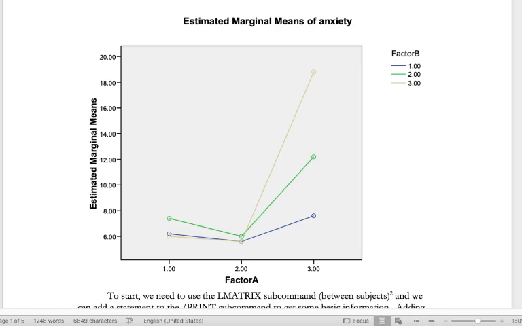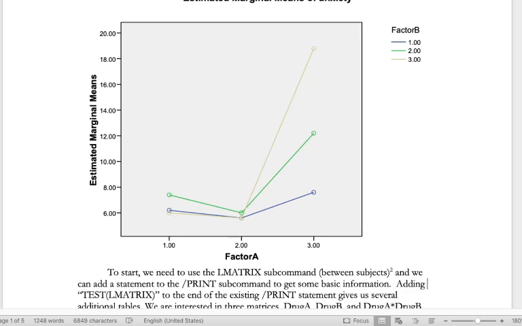We can collapse factor A and just look at factor B, so the average of the green line, the average of the yellow line, the average of the blue line. Or we can look at the interaction, so each of these dots compared to each other.